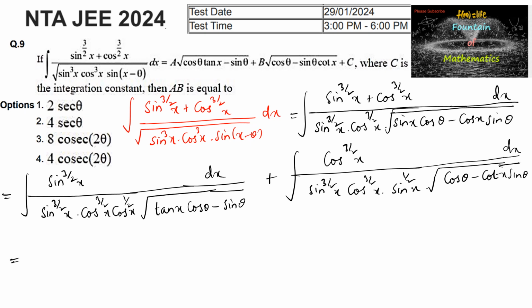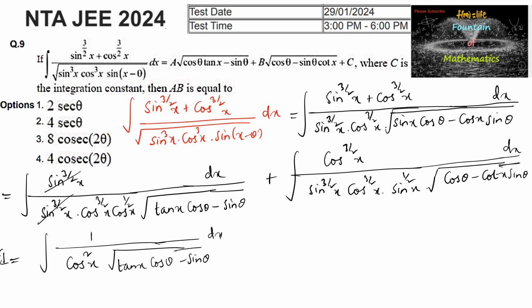So say this is I is equal to integral, sin power 3 by 2 gets cancelled, 1 upon cos (3 plus 1 is 4 upon 2), that is cos square x into the root of tan x into cos theta minus sin theta dx, and again here we can cancel cos power 3 by 2. So we can write 1 upon sin power 3 by 2 into sin power 1 by 2 is sin square, into under root of cos theta minus cot x into sin theta dx.